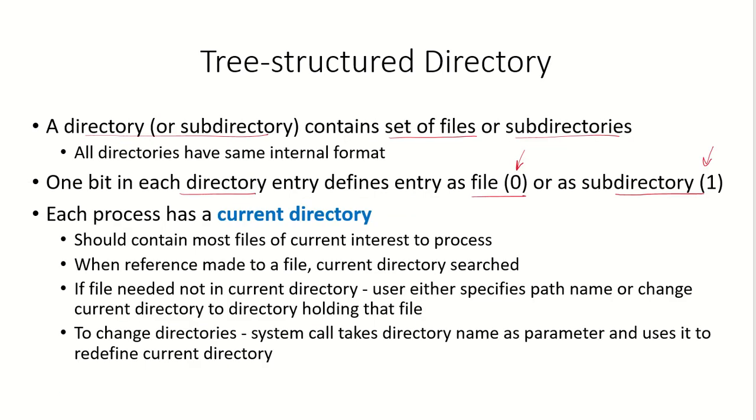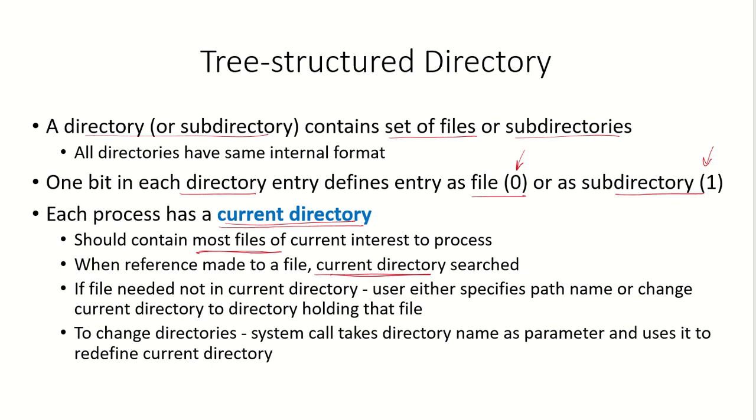Each process has a current directory. Whenever a process is running, it is using a file in a particular current directory. This current directory should be able to contain most of the files which are of interest to the process. So when a reference is made to a file, this current directory is searched.